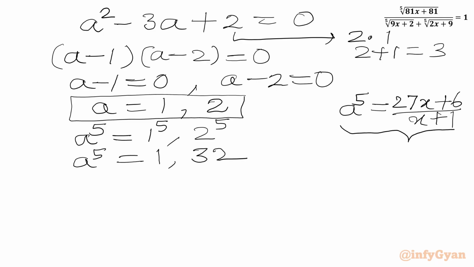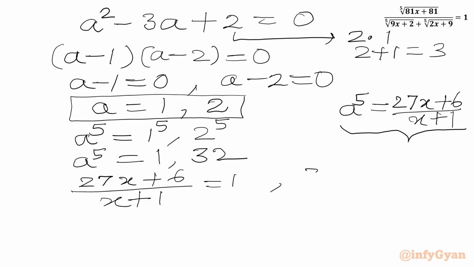Now we have to replace A power 5 with 27x plus 6 over x plus 1. So let us write 27x plus 6 over x plus 1 equal to 1, and 27x plus 6 over x plus 1 equal to 32.